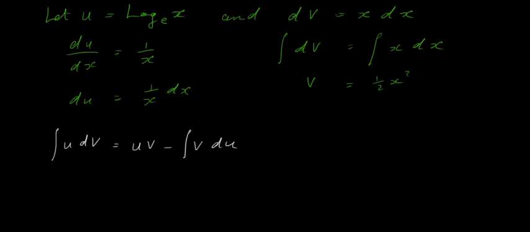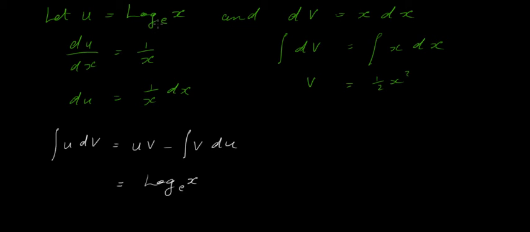Okay, so let's stick everything in here that we want. We want the integral of u dv, so that's going to be equal to u times v. So u is log x to the base e, that's our u here.